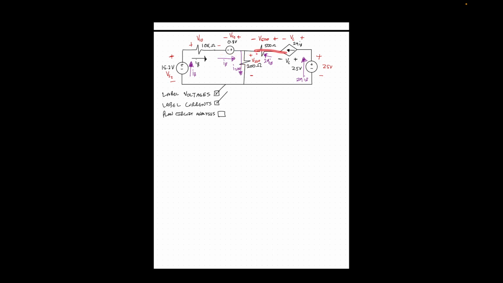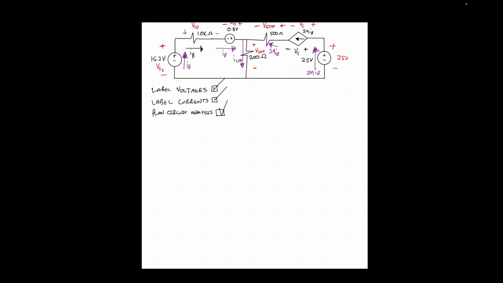Actually, I lied. This one would be going this way, and this one would be going this way, and this one would be going this way. But either way, I want to do my KVL, then my KCL, so that way I can get my I200 out of the common IB. All right, so we have our plan.